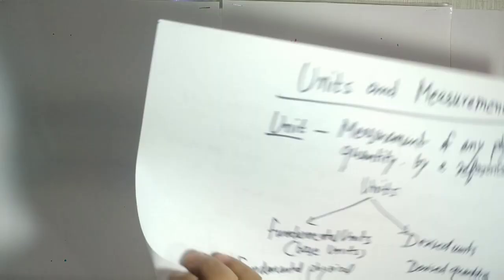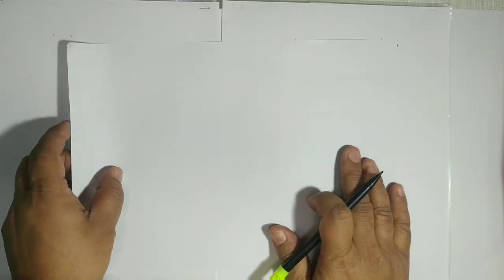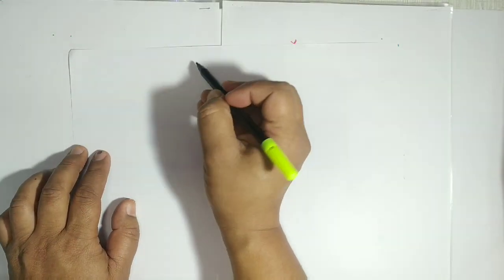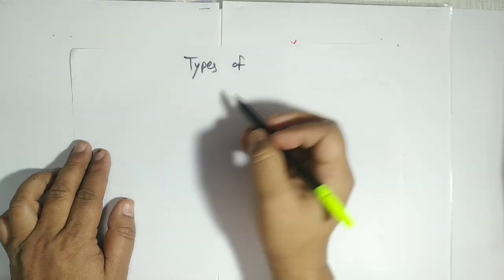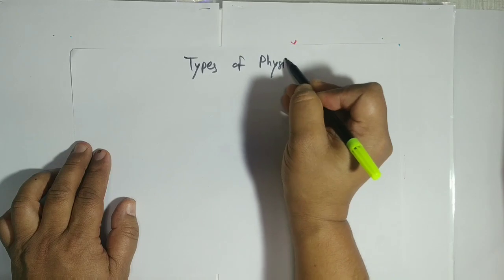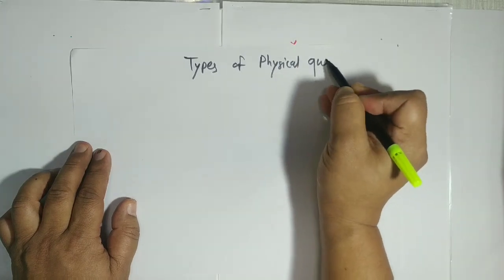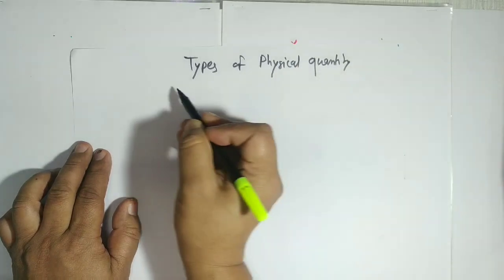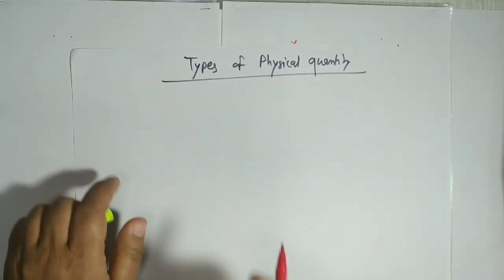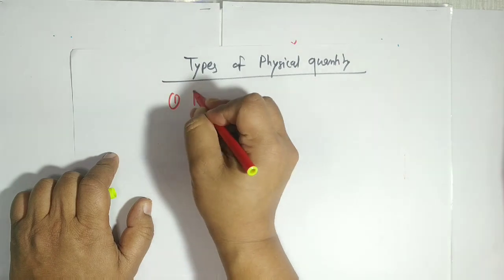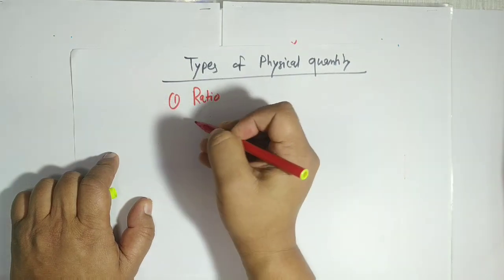Now if I talk about the types of physical quantity, what we see here is that some quantities are actually in the form of a ratio.